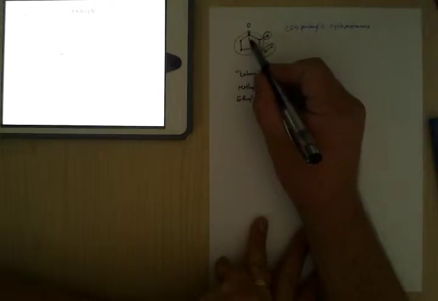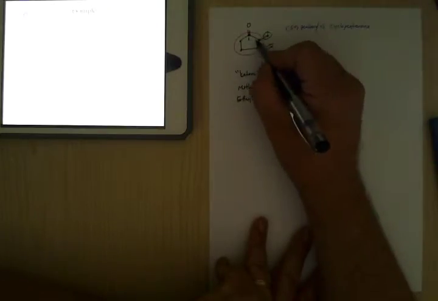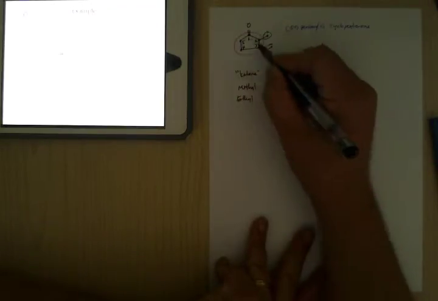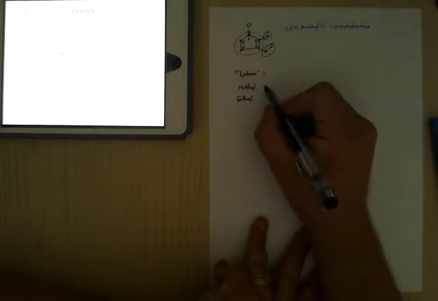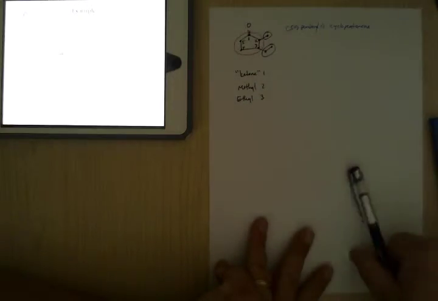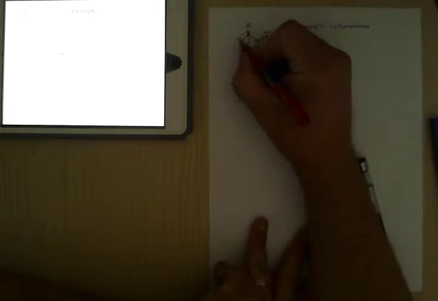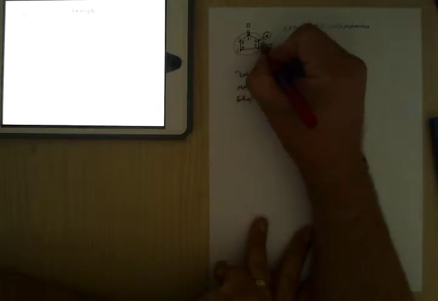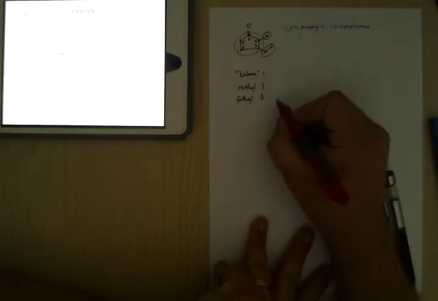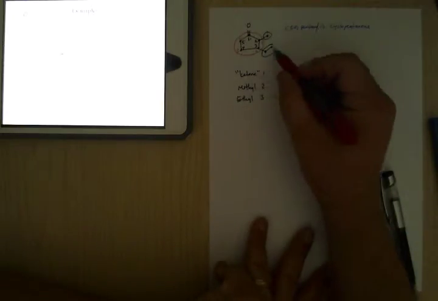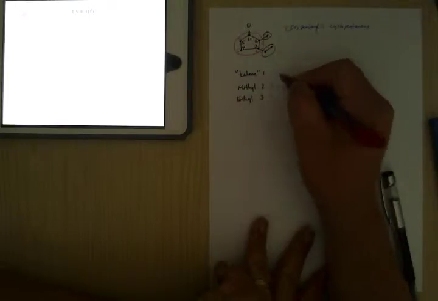If we go clockwise, it'd be 1, 2, 3, 4, 5, so the ketone would be 1, this would be 2, and this would be 3. If we go counterclockwise, it'd be 1, 2, 3, 4, 5, which means the ethyl group's at 4, the methyl's at 5, and this is again at 1.